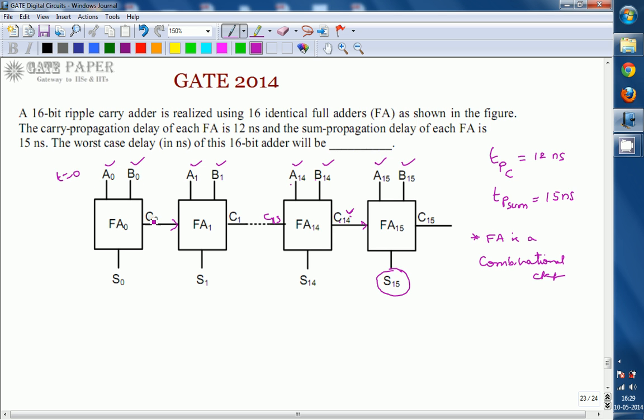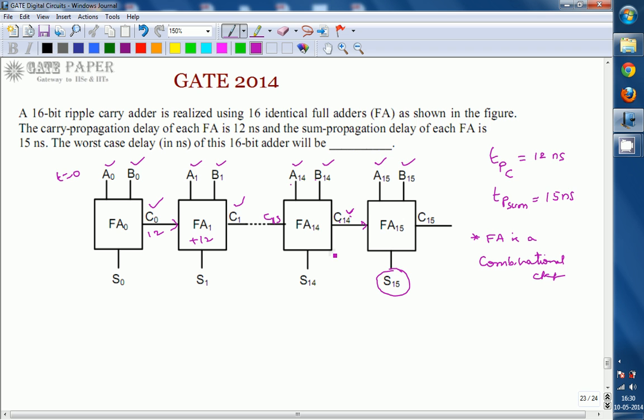After 12 nanoseconds, C0 is available, so that C1 can be calculated based on this. It requires another 12 nanoseconds to get C1. Here we are not interested in the sum, because we are interested in the carries, since carry C14 has to be available to get the final output.